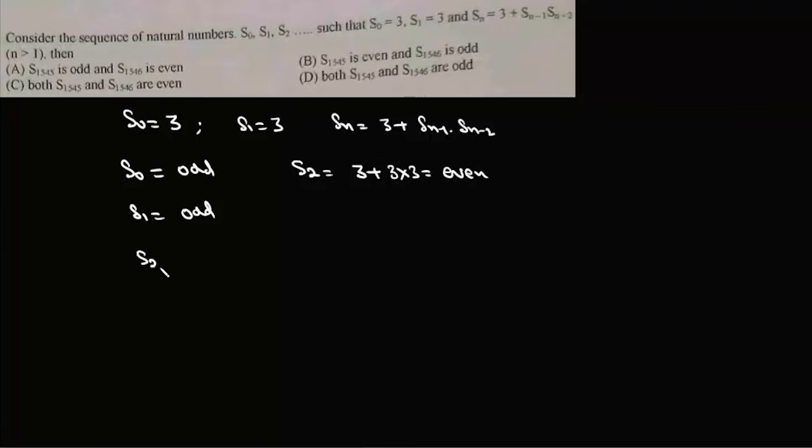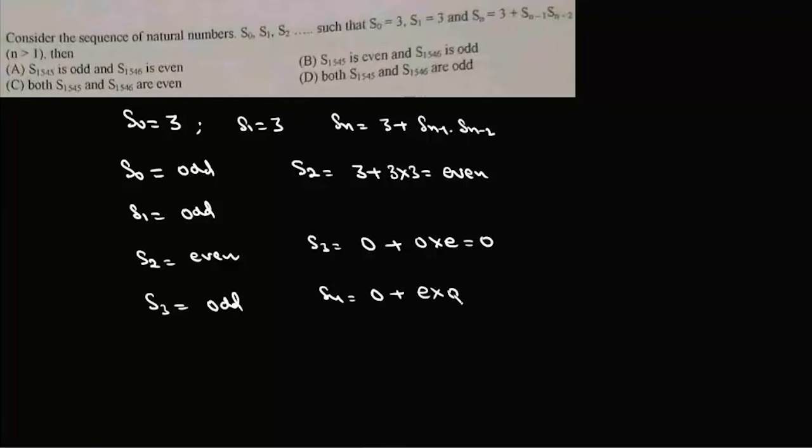So S2 will be even. Now S3 is odd plus S1 into S2, so it will be odd into even, and odd into even is even, and odd plus even is odd. So S3 is odd.